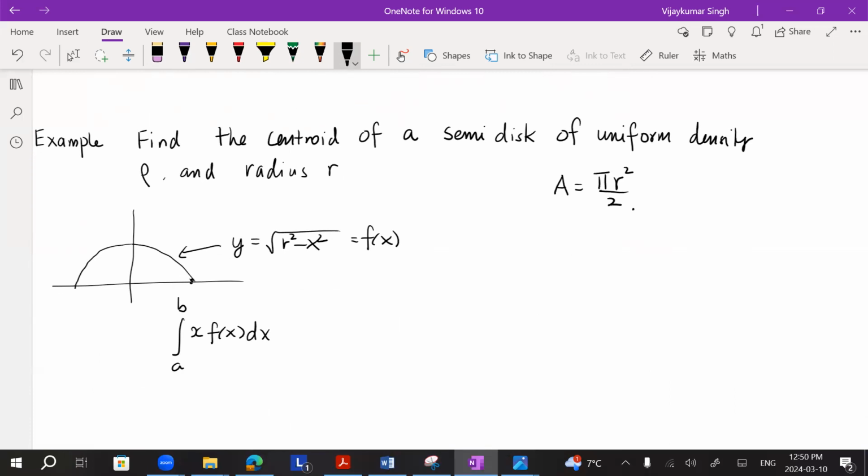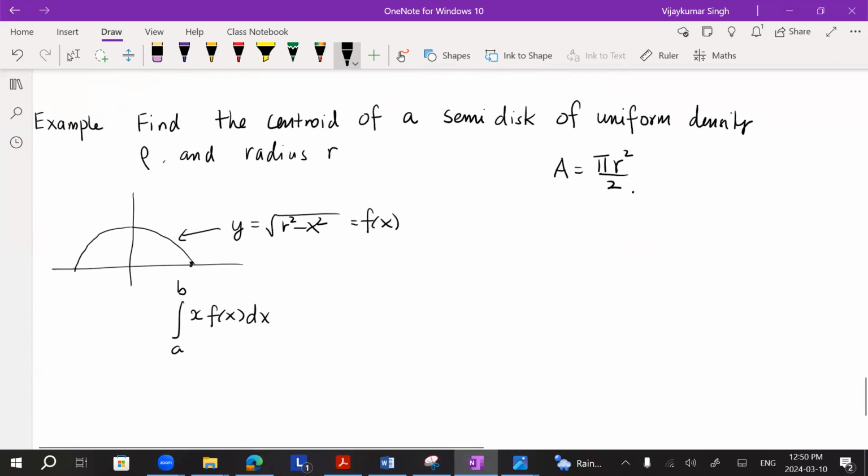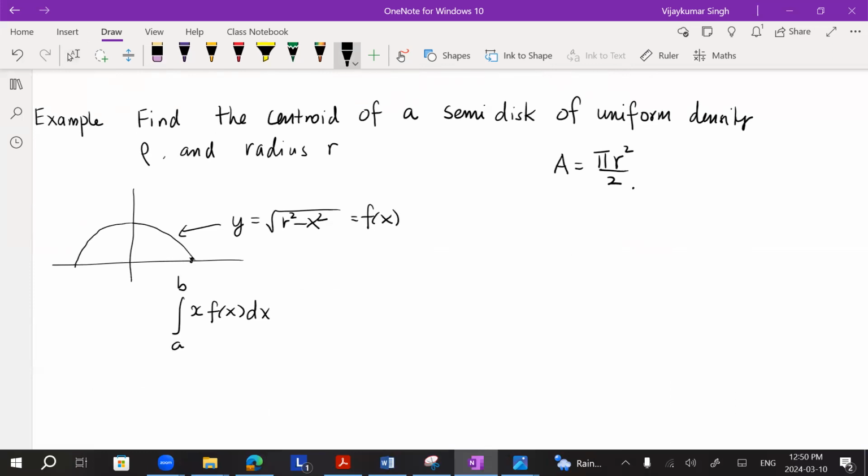I'll leave that as homework to do. So now let's compute this. We have the integral a to b of x f of x dx, which is going to be from minus r to r, right? This point is r comma 0. This is minus r comma 0. Minus r to r of x times the square root of r squared minus x squared dx.